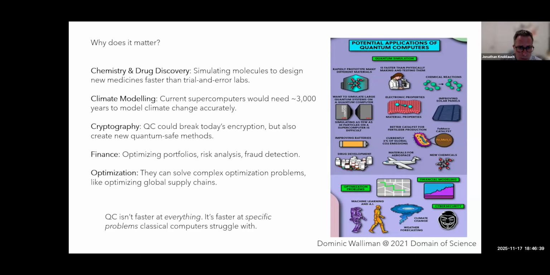And one of the first examples that I heard of when I first started in quantum was finding a better catalyst for fertilizer production. That is currently the cause of 2% of global CO2 emissions.